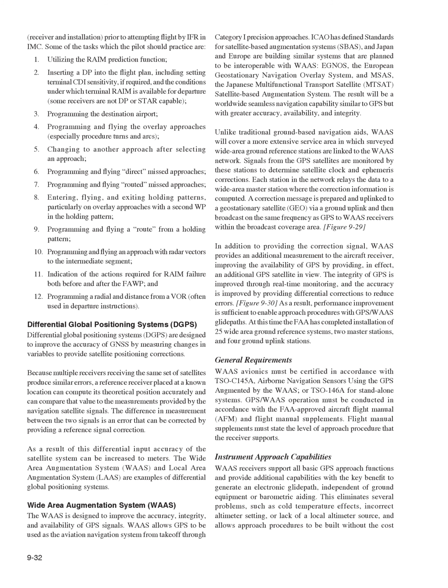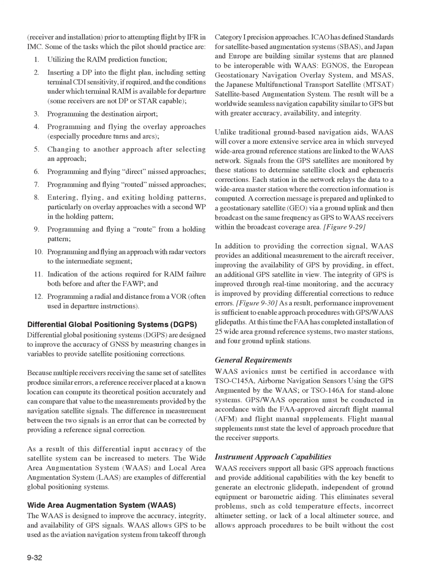The Wide Area Augmentation System, WAAS, and Local Area Augmentation System, LAAS, are examples of differential global positioning systems. Wide Area Augmentation System, WAAS. The WAAS is designed to improve the accuracy, integrity, and availability of GPS signals. WAAS allows GPS to be used as the aviation navigation system from takeoff through Category I precision approaches.